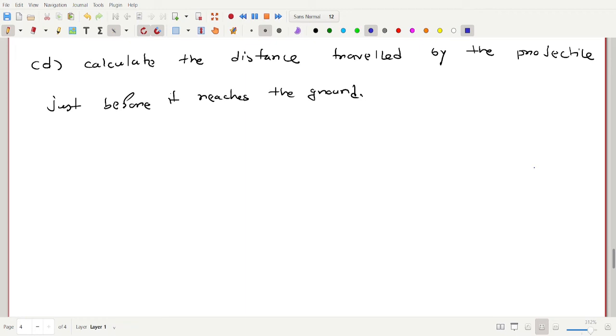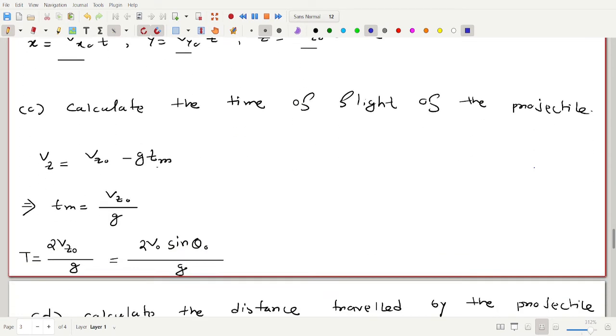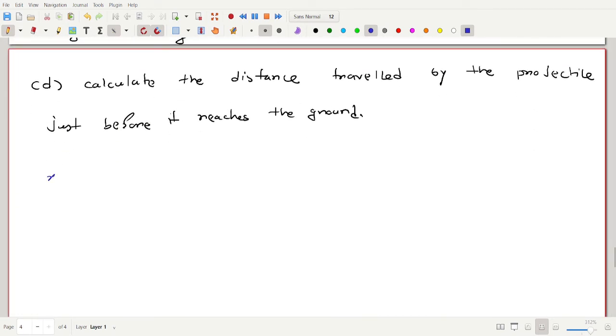Look at what we have so far: x equals vx naught t, y equals vy naught t, and z equals vz naught t minus half g t square.